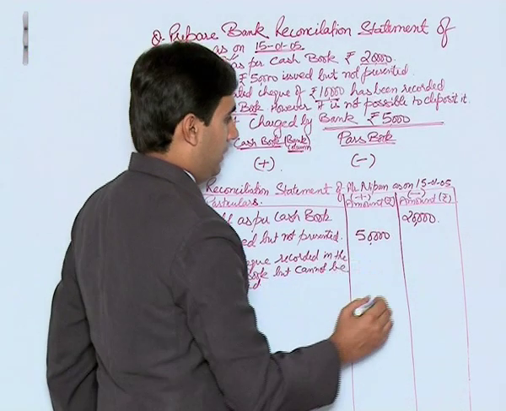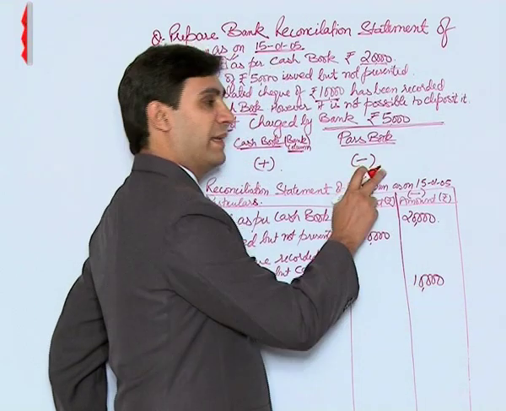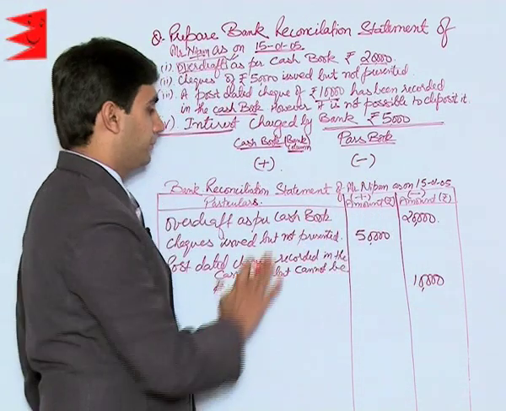And the amount will be 10,000 in the minus column, as it was minus under the passbook.